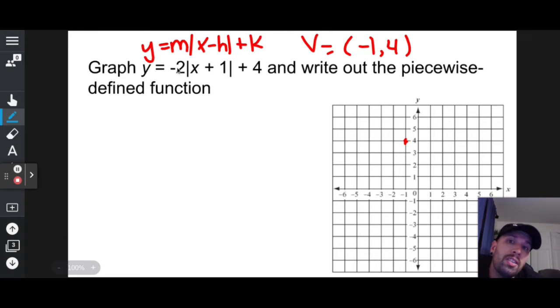My slope is -2, which means it opens downward with slopes of 2 and -2. Here's my slope of -2, just drawing a bunch of points right there. More dots, more dots, more dots.